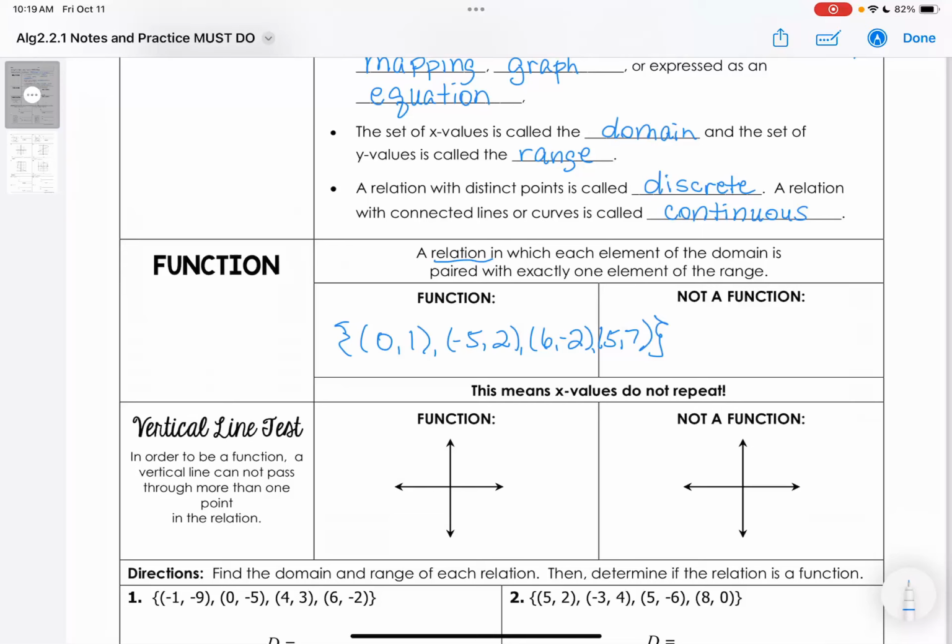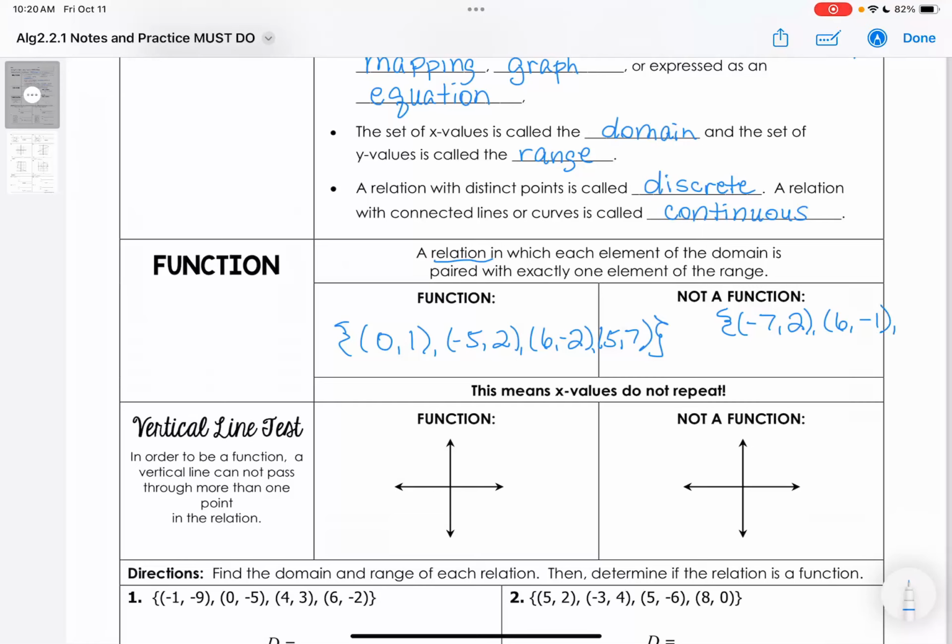So if we look at the ones that are not a function over here, this is the set that includes 6, -1, and 6, 2.